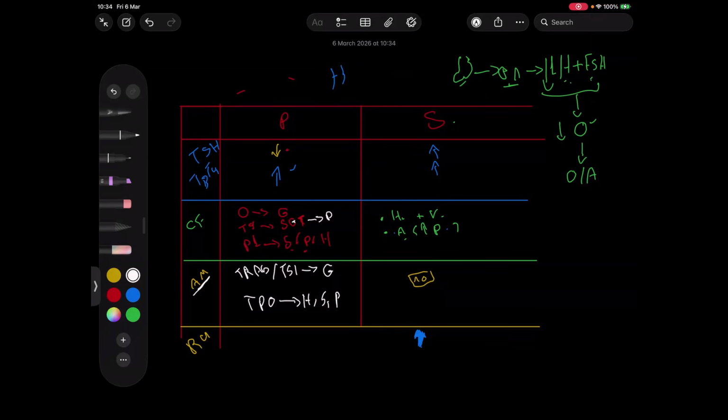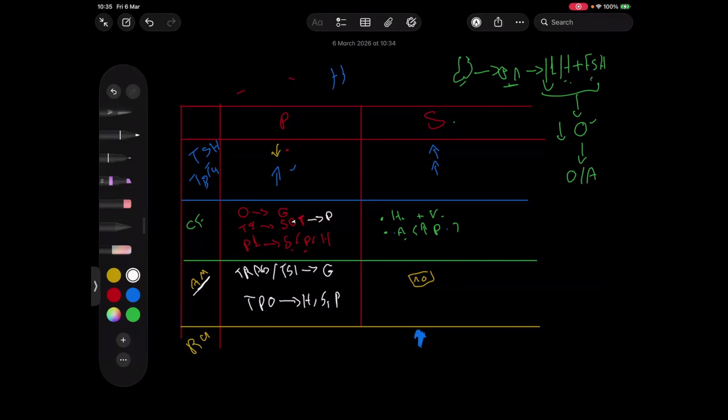What are we speaking about with TPO? Thyroid peroxidase antibodies.